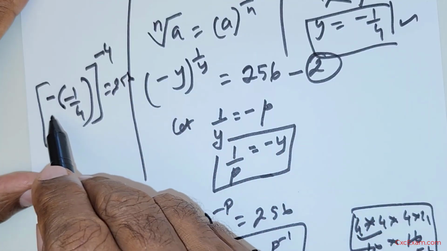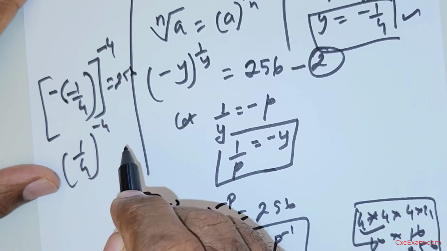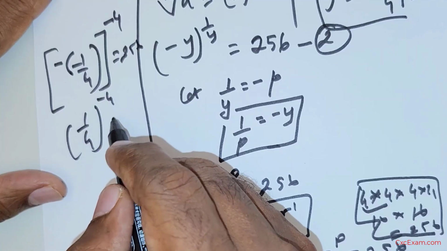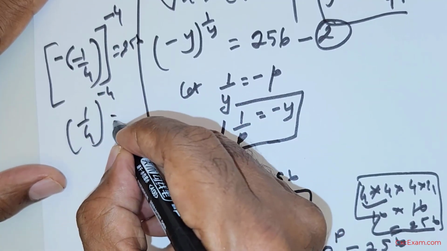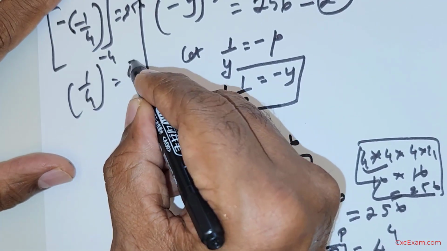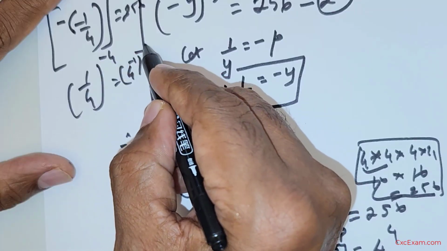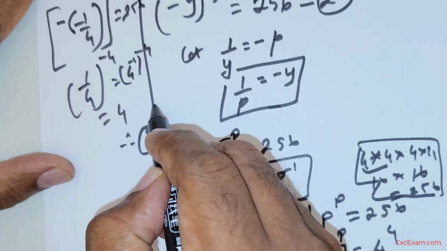Okay, so negative will become positive, giving us 1 over 4 raised to the power of negative 4. Now this can be rewritten as 4 raised to the power of negative 1, and there is already a negative 4. Negative will become positive, giving us 4.